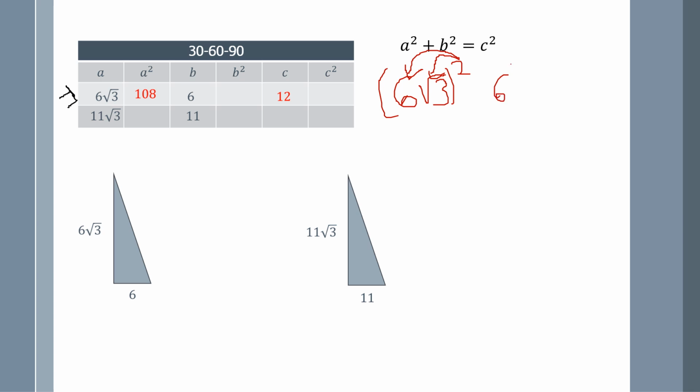So you're going to have 6 squared times, because square root 3 cancels out with the exponent of 2, 6 squared times 3, which gives you 108. Now because this is a 30-60-90 triangle, and because I already gave the hypotenuse to be 12, b is going to just be 6. And 6 squared is going to be 36. Now if I add 108 plus 36, I get 144.